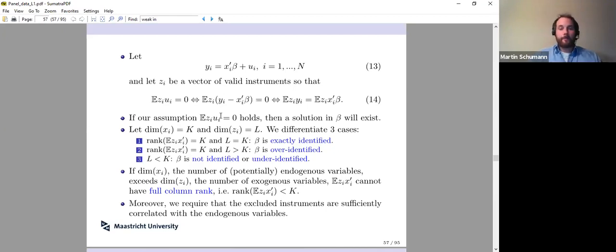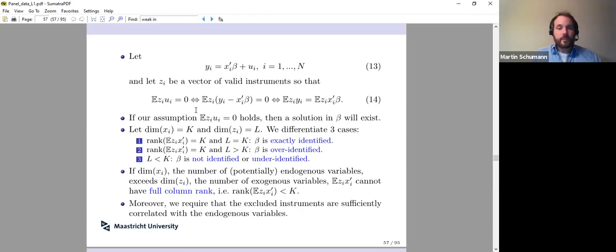So what we need is to identify beta. For that, we will differentiate between three cases. Let's say the dimension of X is K, so X is a K vector and Z is an L vector. If you read Hayashi, it will be exactly the other way around, unfortunately.